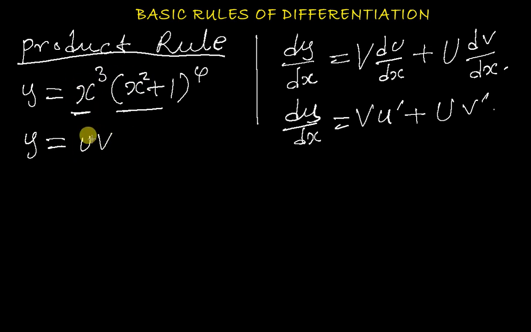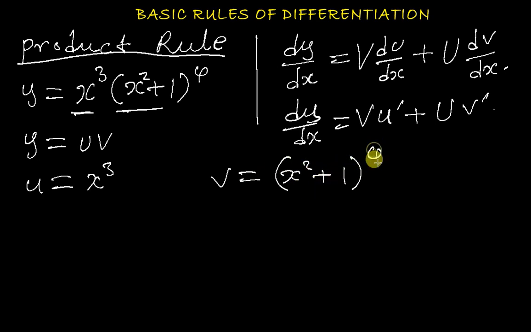You can get any of these two as your u and your v. So let me say my u is equal to x to the power 3, and my v is equal to x squared plus 1 in brackets to the power 4. Differentiating this will require us to use the chain rule. This one we're going to use the power rule.